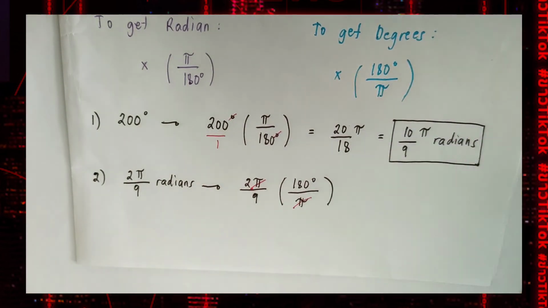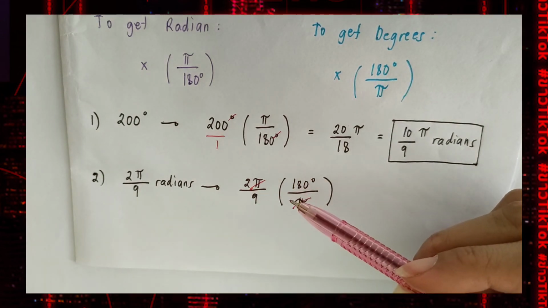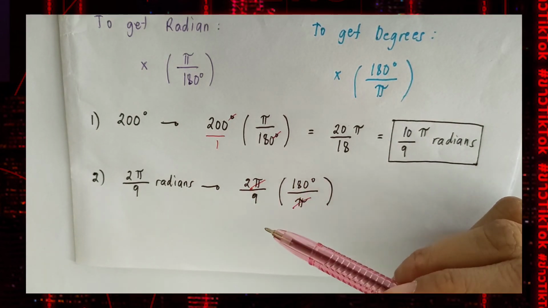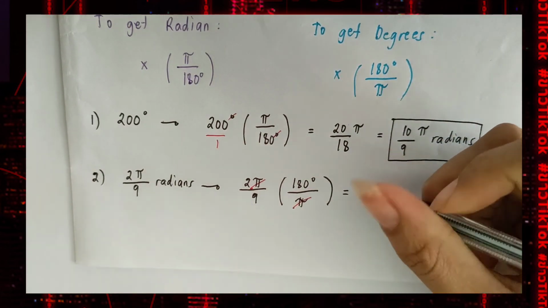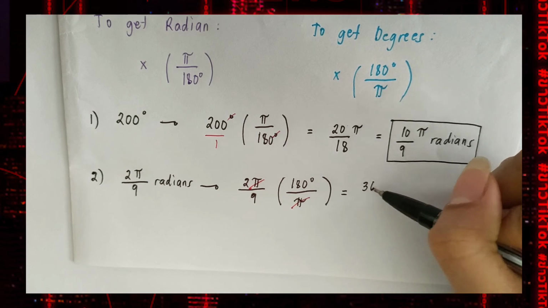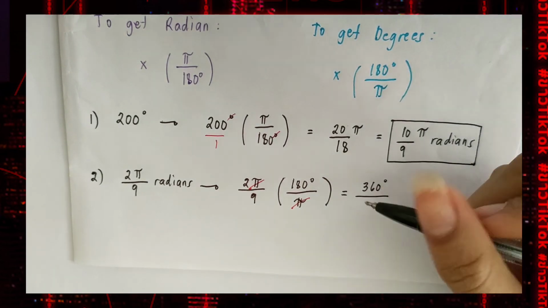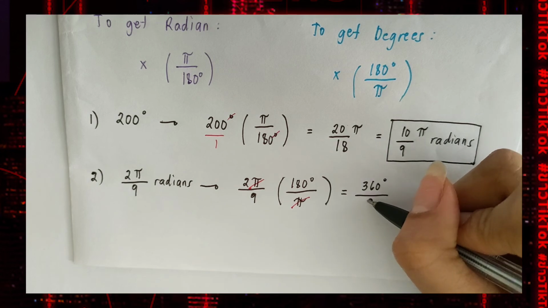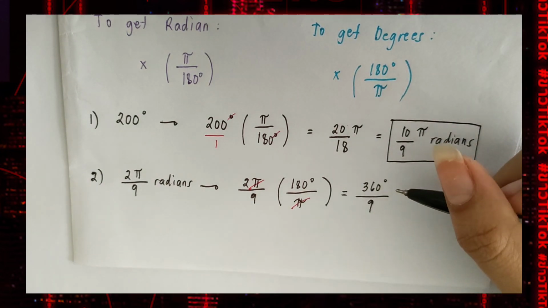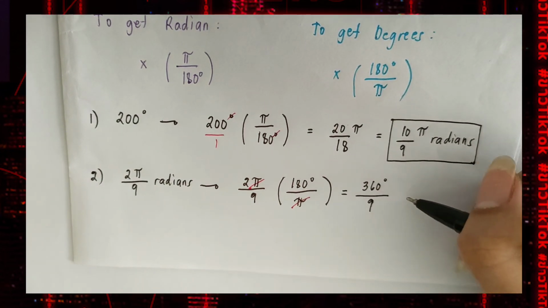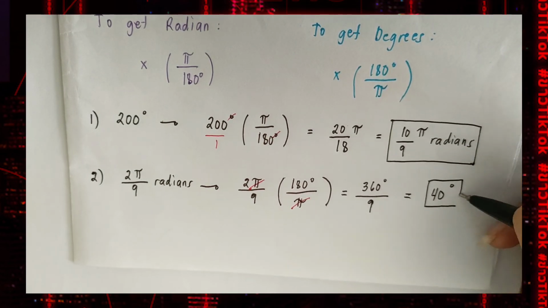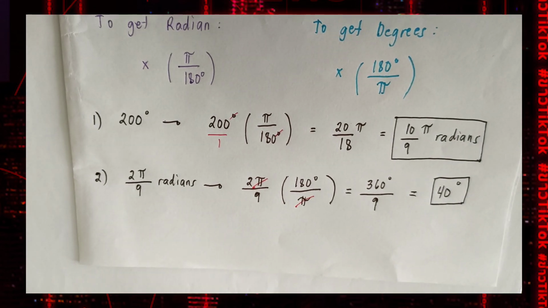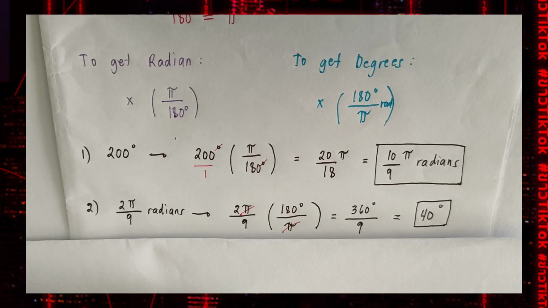The pi will be cancelled. 2 times 180 divided by 9. 2 times 180 is 360 degrees, and 9 times an imaginary 1 is 9. Then 360 degrees divided by 9 is equal to 40 degrees. That is how you convert radians to degrees and degrees to radians.